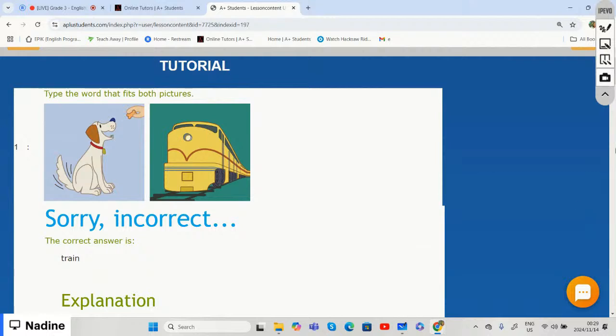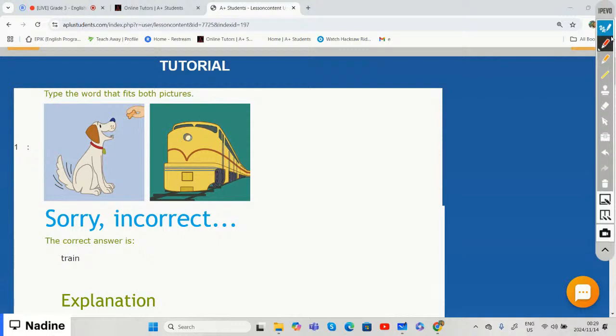And if we look at both of these pictures, the word that fits both pictures is train. Because in picture one, they are training the dog how to sit, how to stand, how to do the business outside, how to jump. And then the second picture is a moving train.